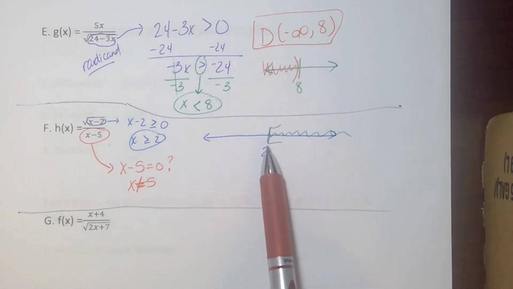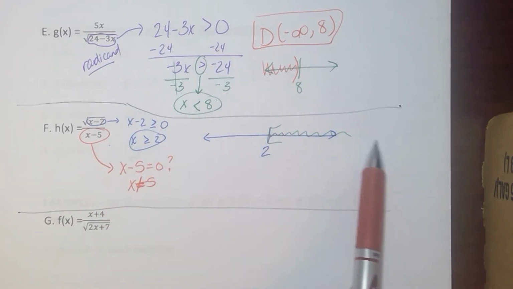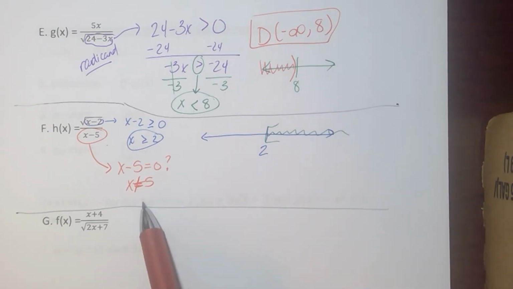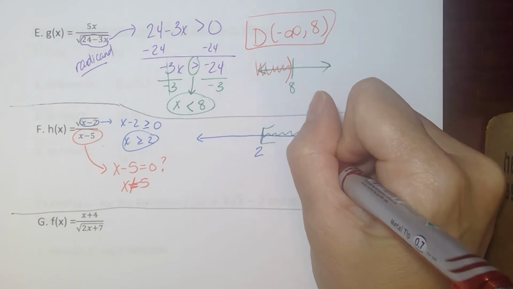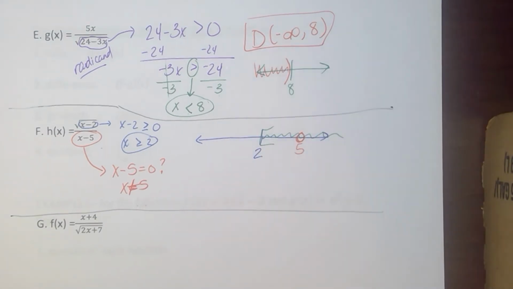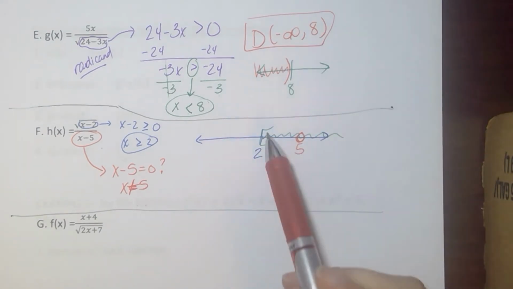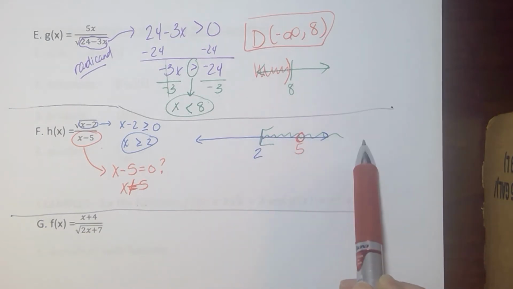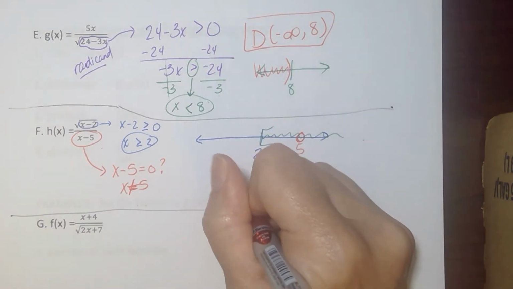So from my numerator, I've restricted to 2 and everything bigger, but I have to kick out 5. So I'm going to say, you know what? 5 over here has to be excluded. So I can have from 2 up to 5, skip 5, everything else. So let's see what that looks like.